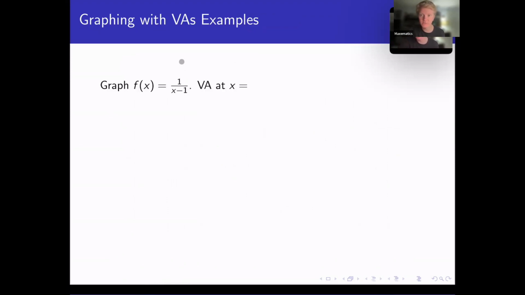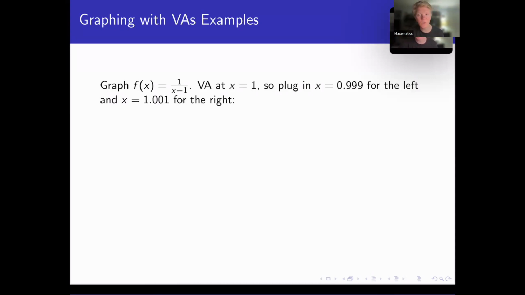Well, we have a vertical asymptote where this denominator is equal to 0, at x equals 1. So we're going to plug in numbers very, very close to 1 from the left and from the right. Let's plug in 0.999 for the left and 1.001 for the right.